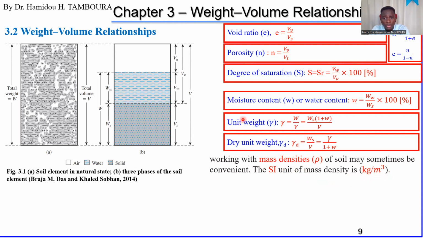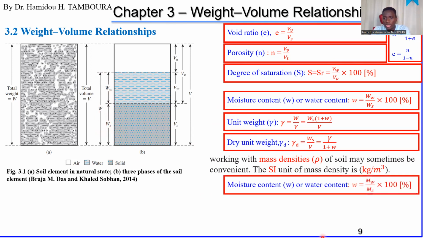So for these last three, you can use also the mass density to estimate them, and it will be no problem at all. In that case, instead of W, Ws, Ww, you will have M. M standing for mass: mass of water, mass of solid, and total mass.